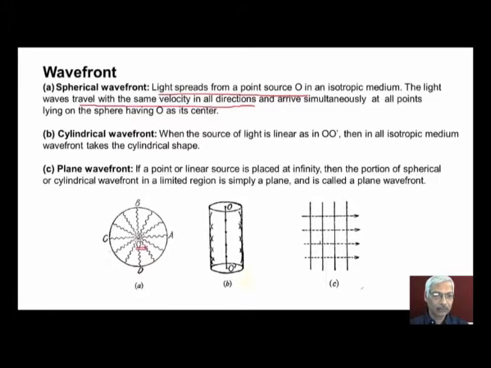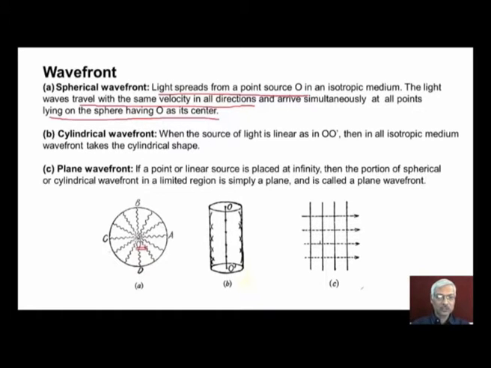All the waves move at the same speed in all directions, and they arise simultaneously at all points lying on the sphere having O as center. If you assume a sphere here with center O with diameter CA, then all these waves arrive at this circumference at the same point. So this front is known as spherical wavefront.